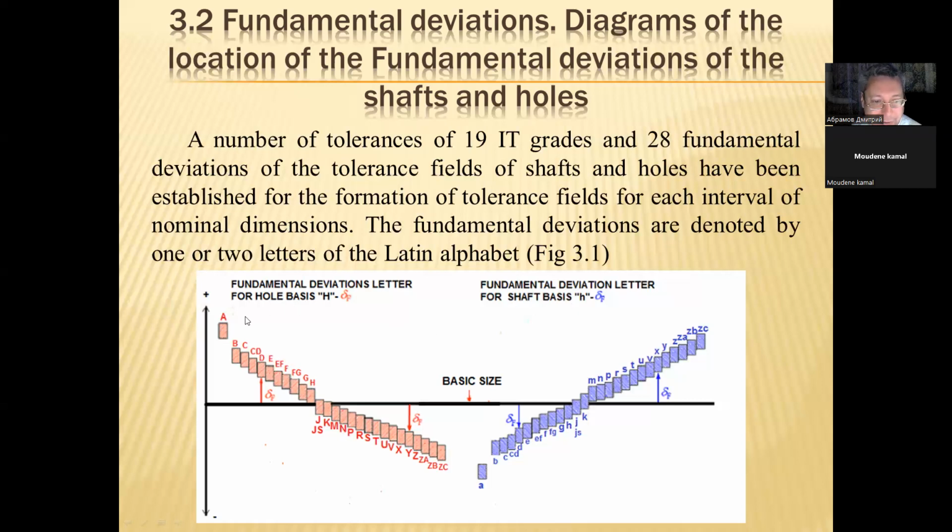We use big letters for holes and small letters for shafts. Big A is the fundamental deviation for a hole, and small a is the fundamental deviation for a shaft. Big R is the fundamental deviation for a hole, small r is the fundamental deviation for a shaft.